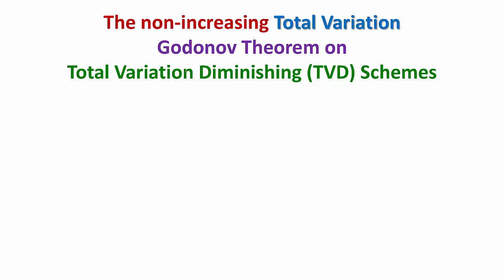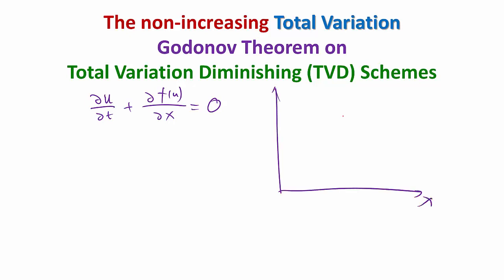If we look at a scalar conservation law equal to 0, what we are going to find, if we look at the x-t diagram, is that we are never going to create new extrema.